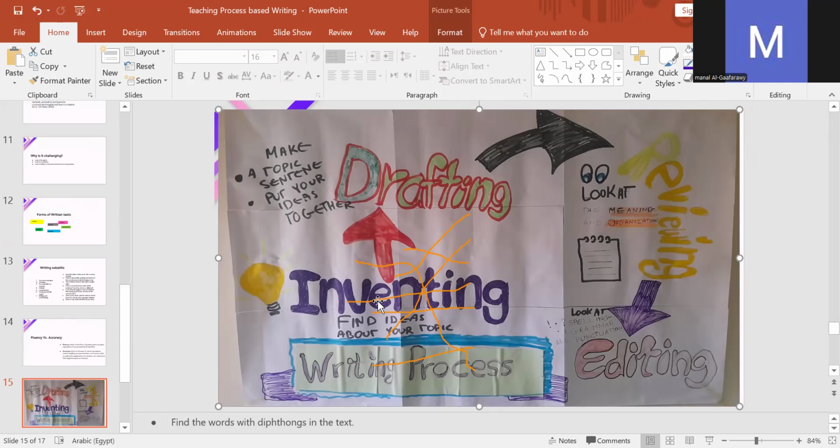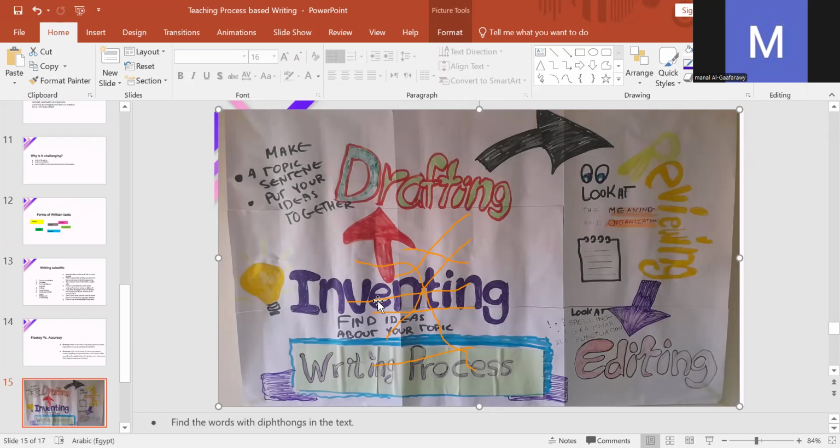So how would they come up with ideas? There are several sources you can help your students get ideas from, for example, providing them with parts of different sources, like parts of articles, parts of stories, to help them get information and then use the information in their own writing. So this is inventing. Students brainstorm ideas.